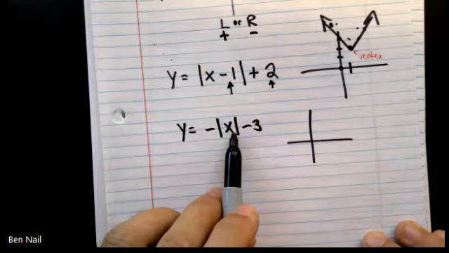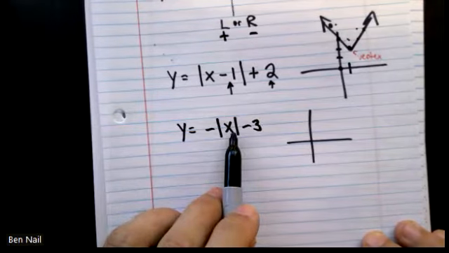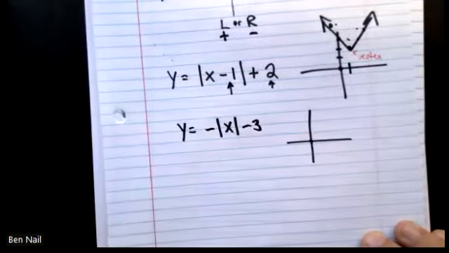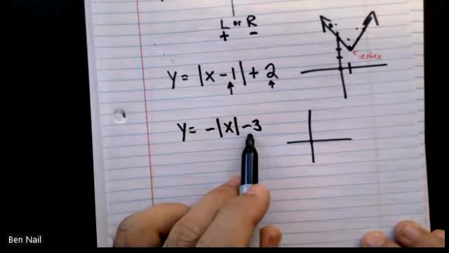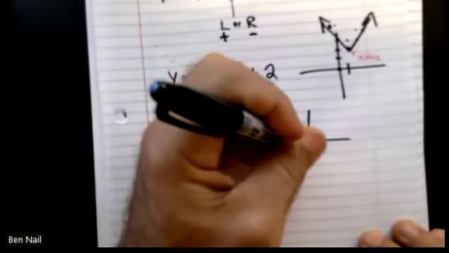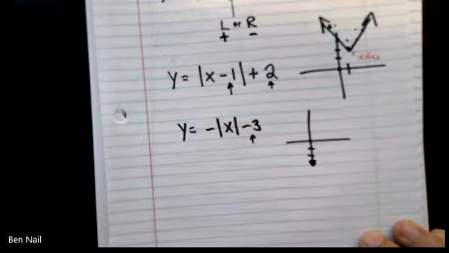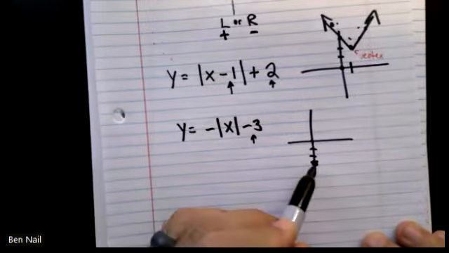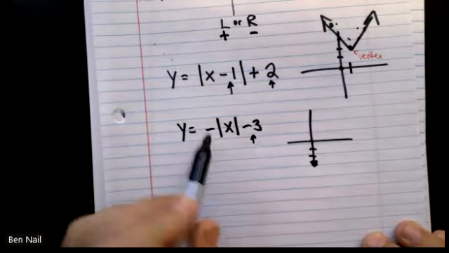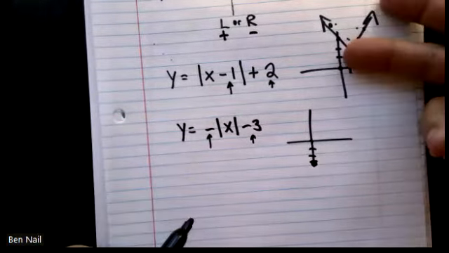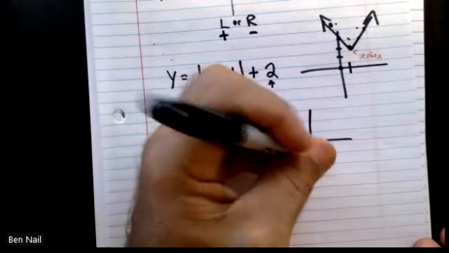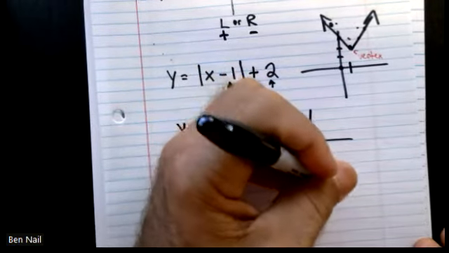Okay, we don't shift left or right, so we're going to stay here. We are going to shift -3, so this -3 outside is going to shift down 3 units. So no left or right, shifting down 3. But instead of going up here, this negative is going to flip my V over. So instead of going up 1 and over 1, we're going to come down 1 and over 1.